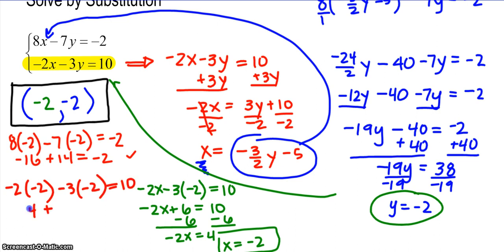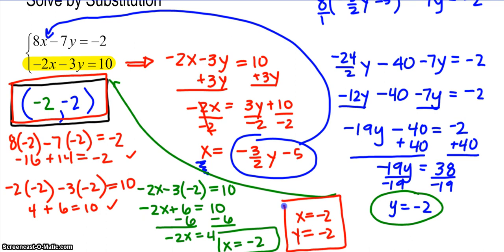We have 4 plus 6 equals 10. It indeed works. So our solution stands as the ordered pair (negative 2, negative 2), and you should also be able to recognize x equals negative 2, y equals negative 2 as another way to show your answer.